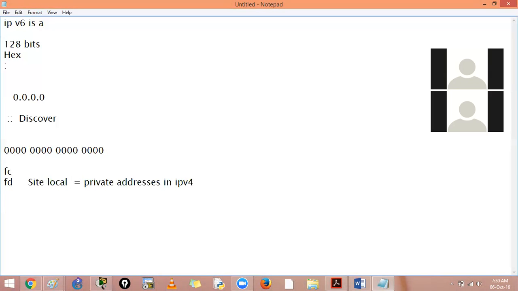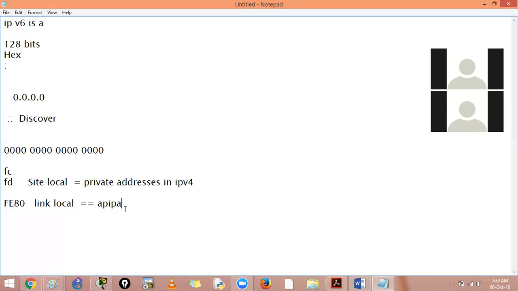If you see APIPA, remember 169.254. In IPv6, if any address starts with FE80, this is called a link local address, like your APIPA.